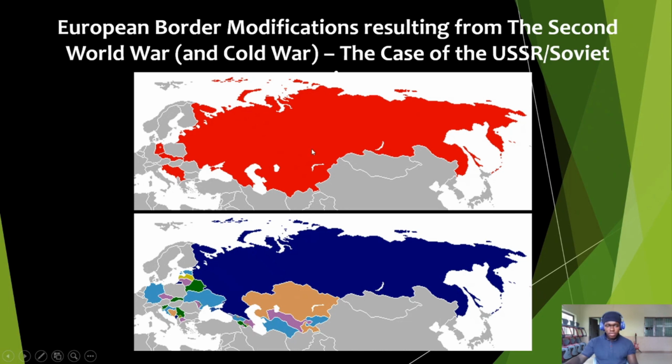Okay? So that's after World War II. Now the Soviet Union, just like how the Soviet Union and Germany were friends before Hitler did his thing, the Soviet Union and America were pretty friendly until the war ended and the Soviets were like, nah. So there was the Cold War.